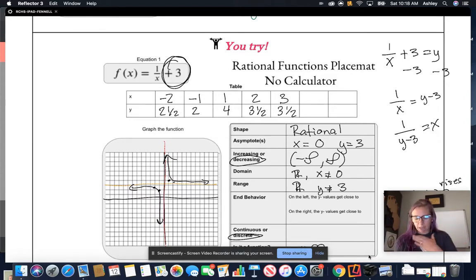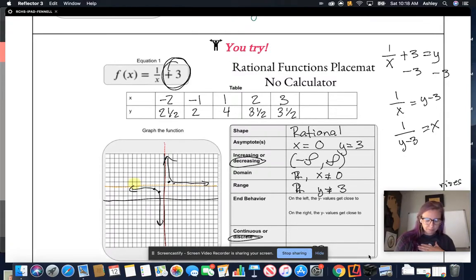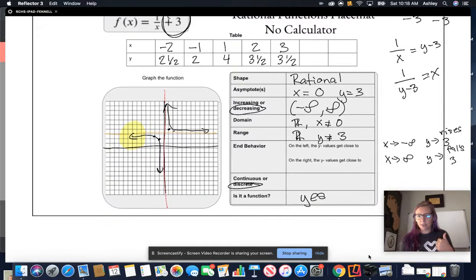All right, end behavior. So we're going to look at our arrow over here on the very left-hand side, or as x is traveling to negative infinity. What are my y values doing? They're rising up to the asymptote at 3. They won't ever get there, but that's where they're heading, right?